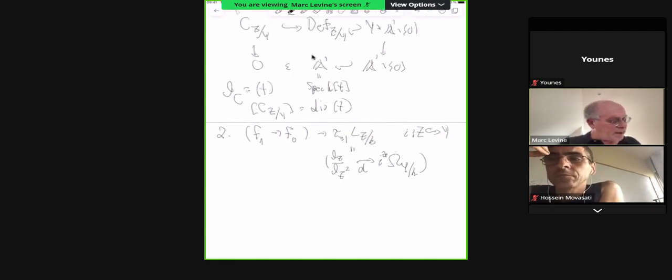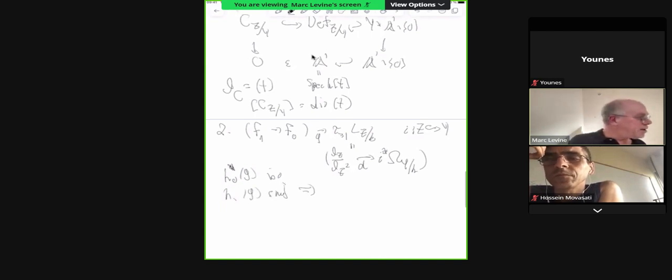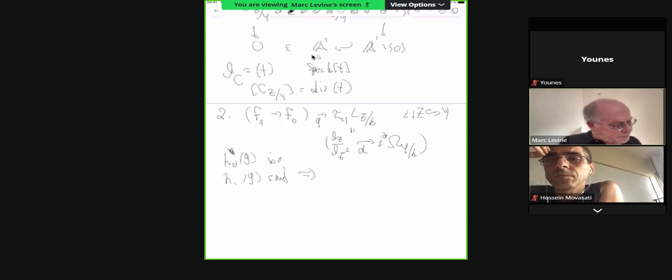And the condition, this is my phi, that H0 of phi is an iso and H1 of phi is surjective is just saying that you can form the following complex.